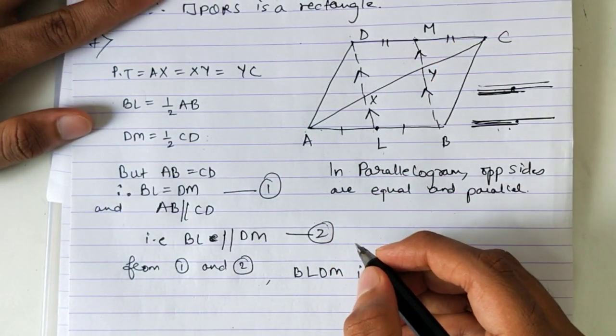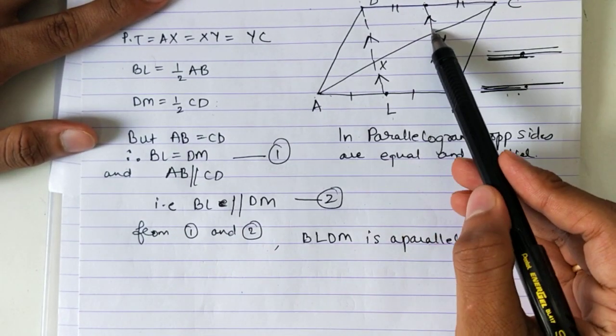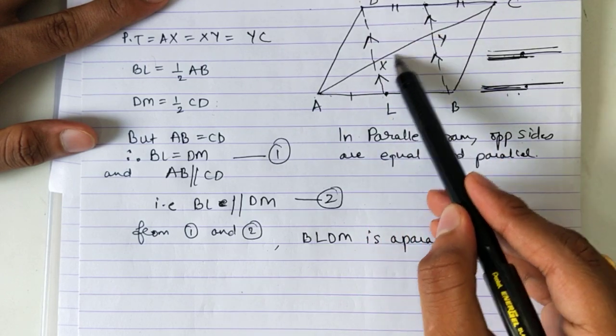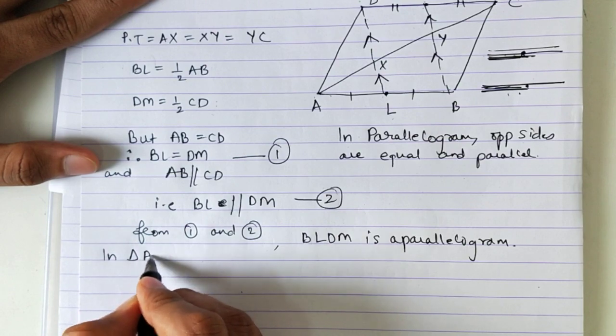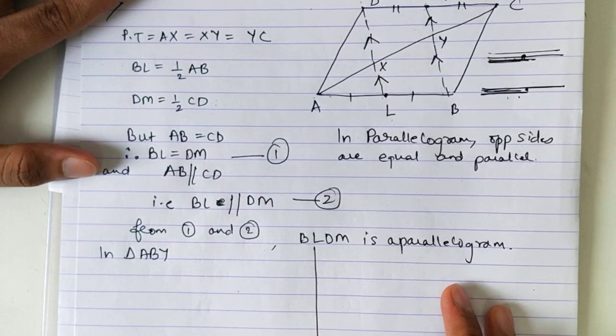So अब इसका क्या यूज़ होगा? देखो, take this triangle first, this triangle ABY. I am solving it like this here and here so that the diagram is visible.